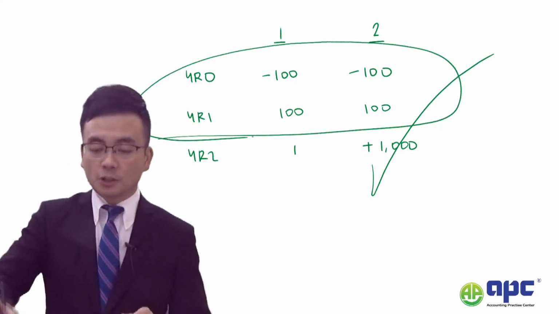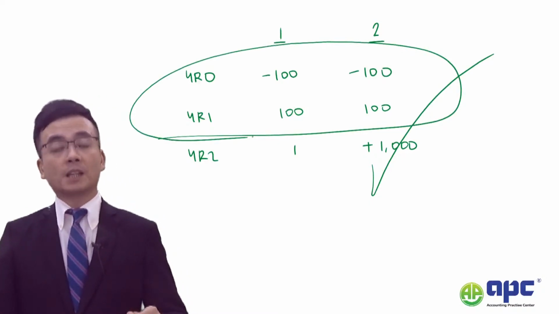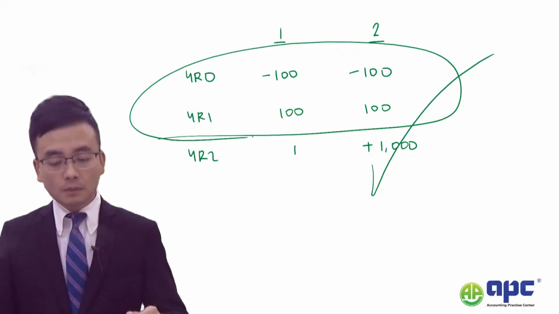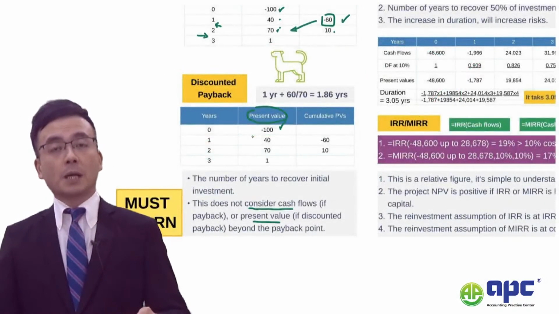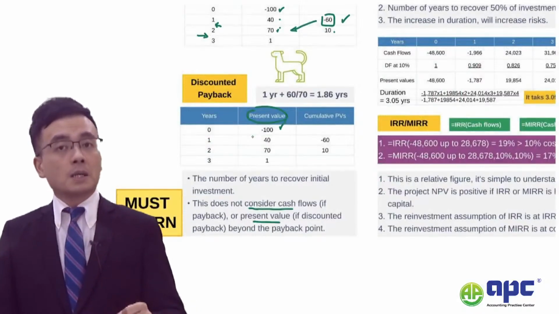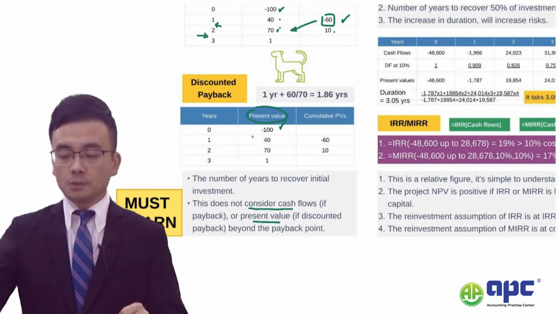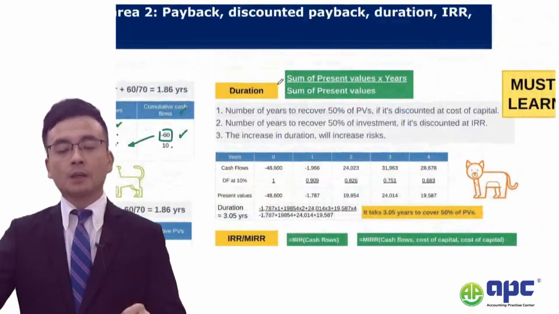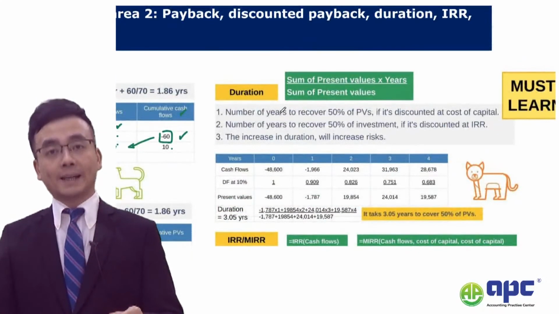But given that they've got the same payback or discounted payback of 1 year, it doesn't really matter. So that's why the big problem of the payback or discounted payback is that by using this method alone, it will not consider the cash flows beyond the payback point. So that's why we need to see which project is more risky by considering all the cash flows.